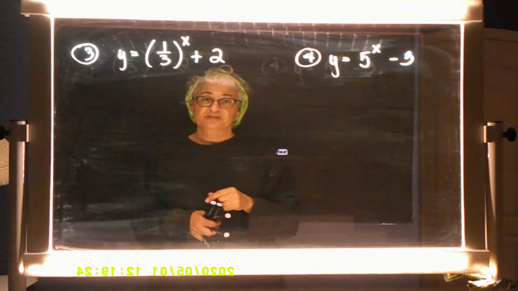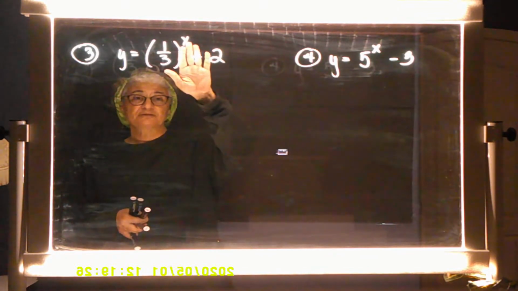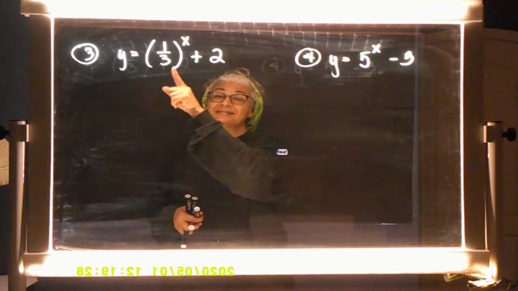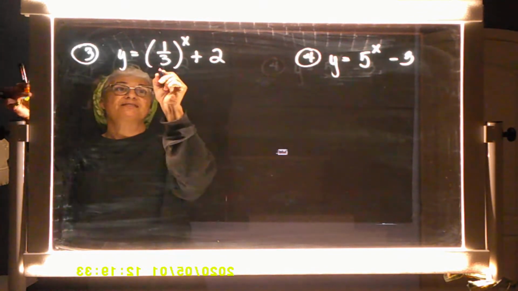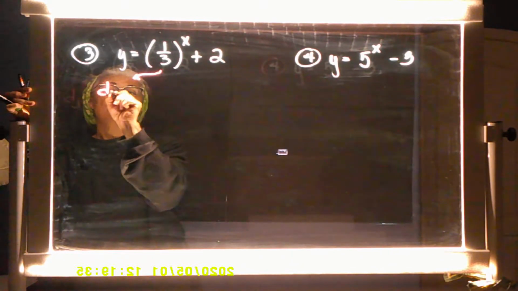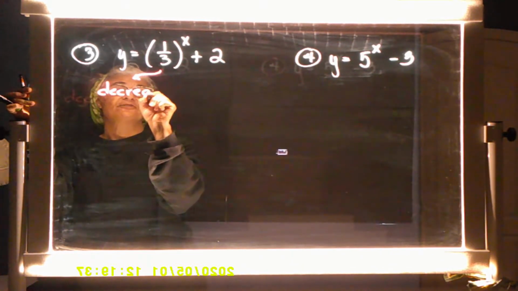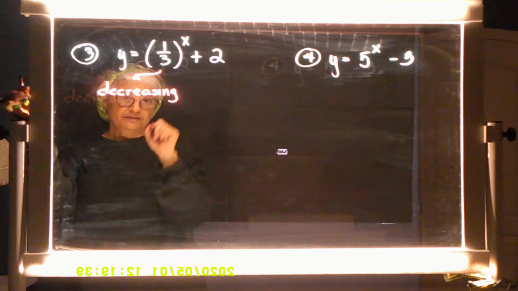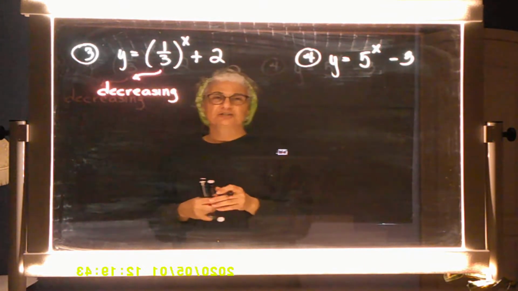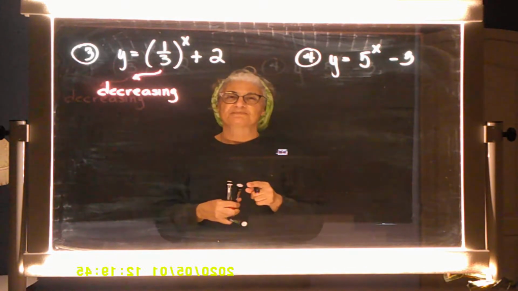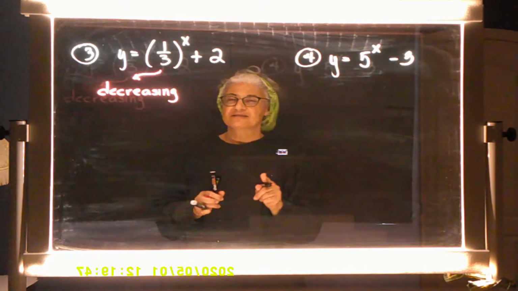So I'd like you to notice something. It is an exponential function, correct? My base is less than 1, correct? So since the base is less than 1, that tells me the graph will be a decreasing graph. Got it? Okay. Now, do you notice there's a plus 2 added on? So, question. In a previous lesson, I asked the question this way.